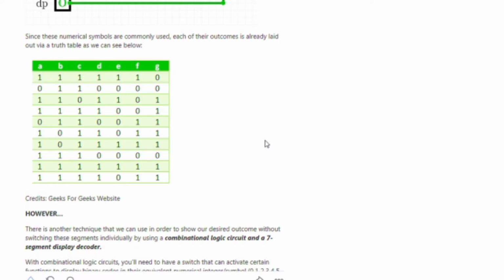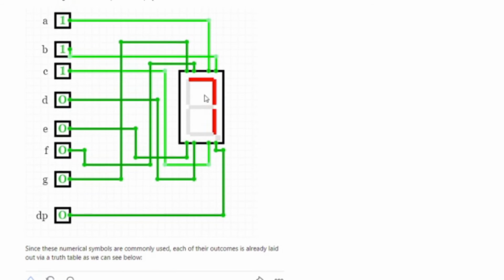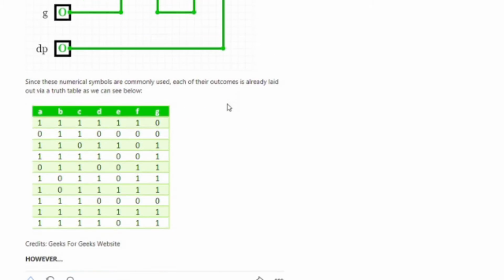Since these numerical symbols are commonly used, each of their outcomes are already laid out by the truth table. So this is the regular truth table of a 7-segment display.